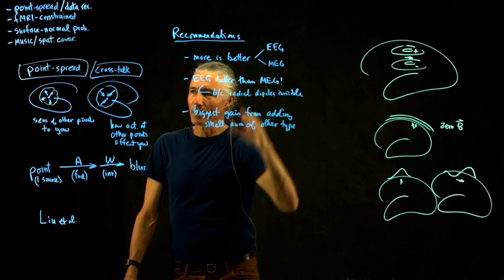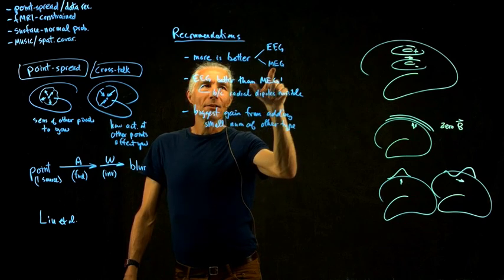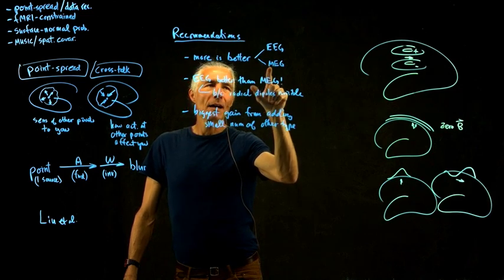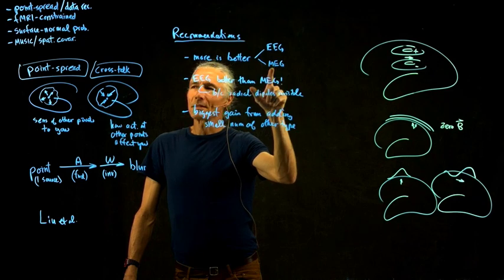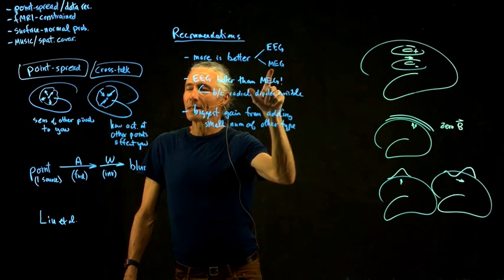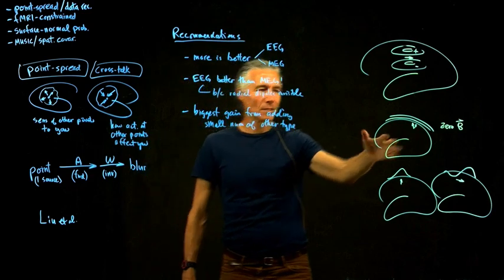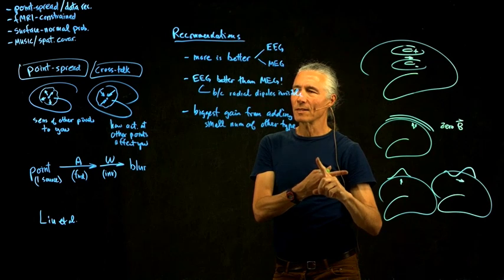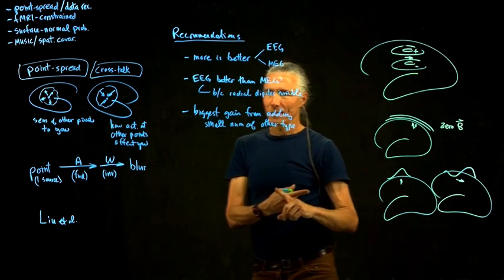So in other words, if you had a choice between 100 MEG and no EEG, and 100 MEG and say 10 EEG, versus 300 MEG, it would be better to have the mix. And that's not surprising, because they're giving you orthogonal information, information at right angles to each other. So it makes sense.